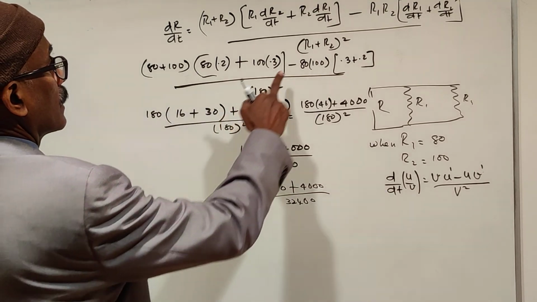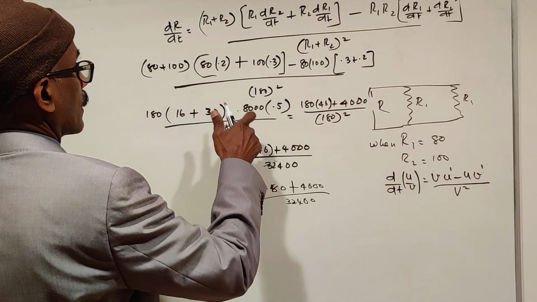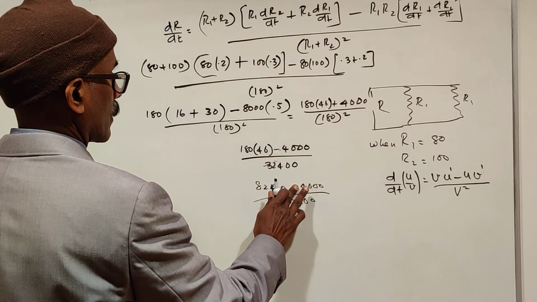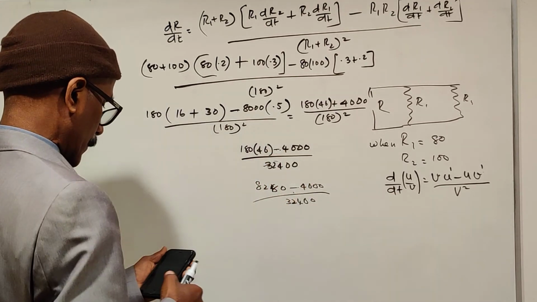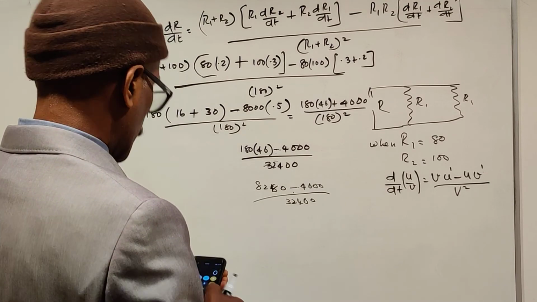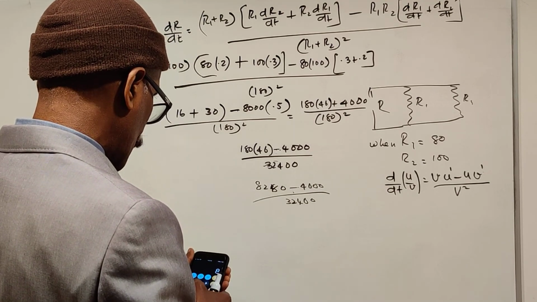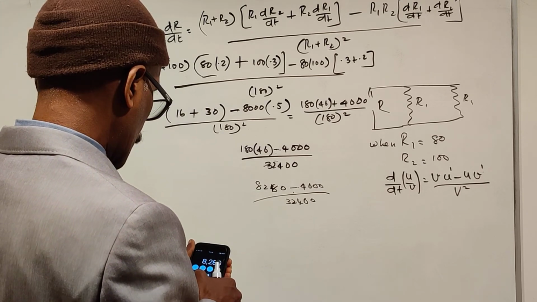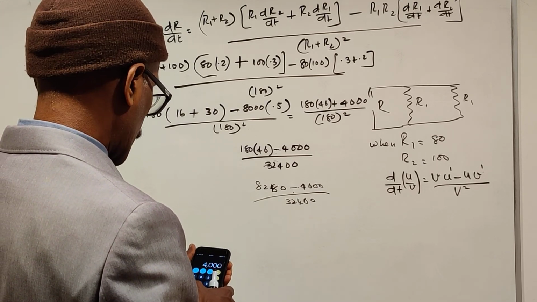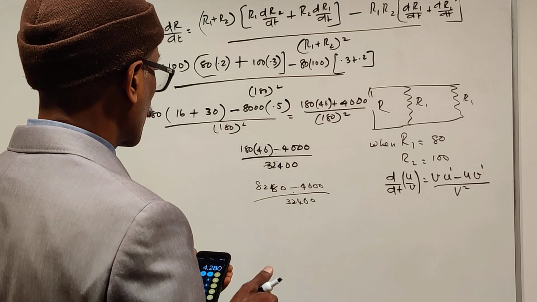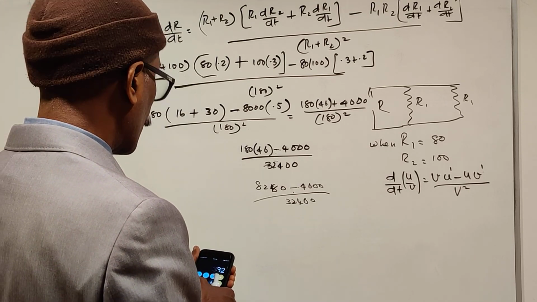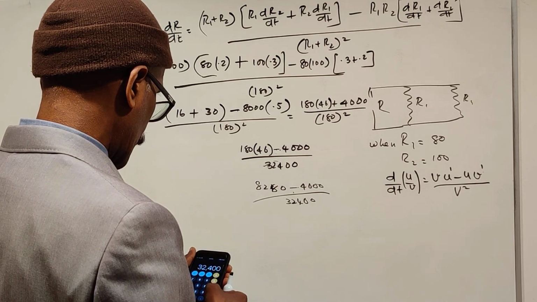I made a mistake here, it should be minus. That is 8280 minus 4000 equals 4280 divided by 32400.